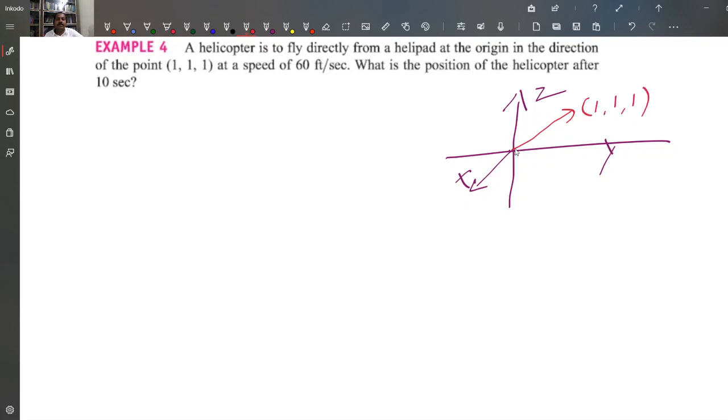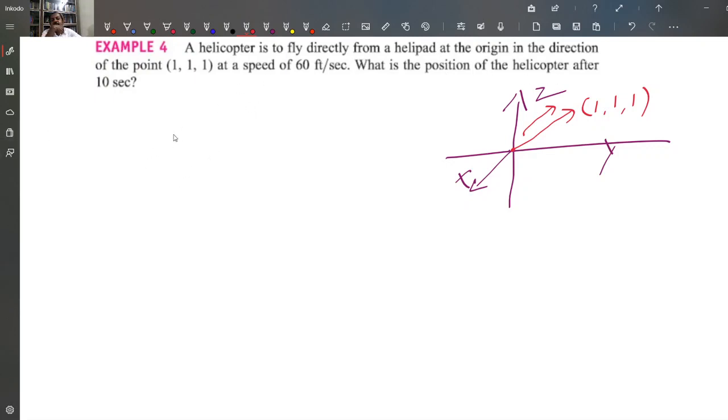The helipad is here, the direction of flight is this one, and it moves at a speed of 60 feet per second. Our question is to find the position of the helicopter after 10 seconds.